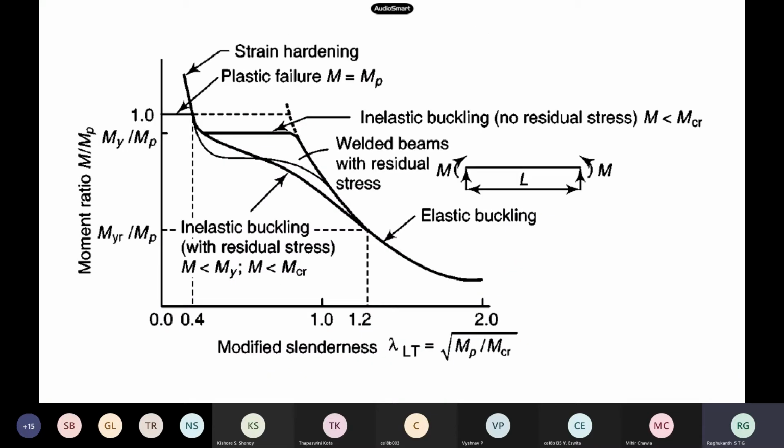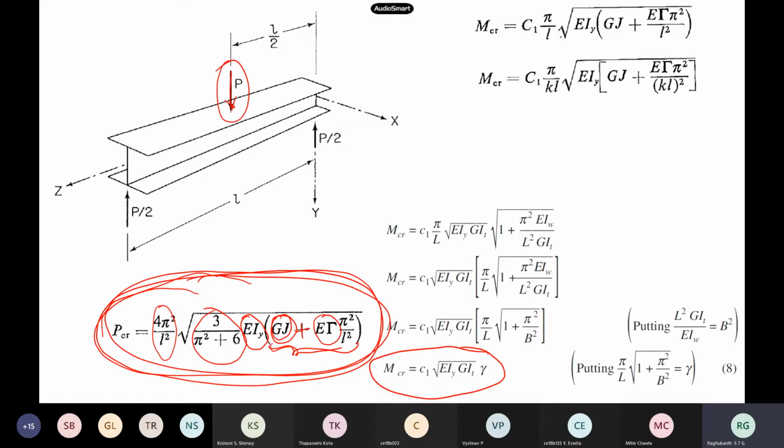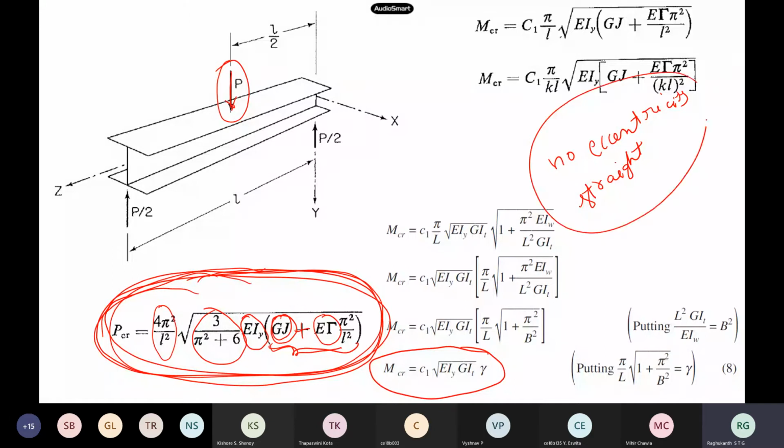Okay, so this lateral torsional buckling is the analytical derivation, but in reality, the derivation assumes that there is no eccentricity, and the beam is perfectly straight, no initial bend, no crookedness, nothing. So this derivation is valid.